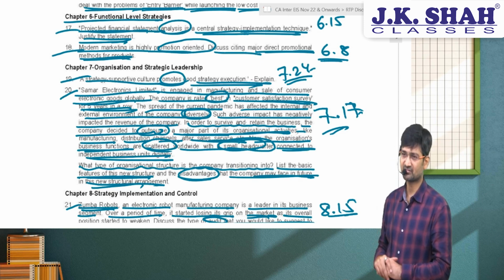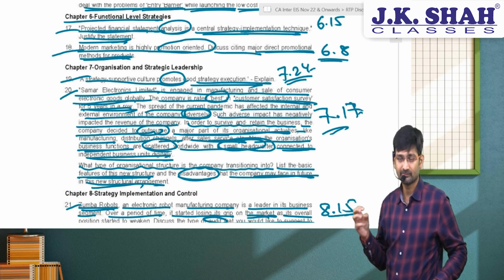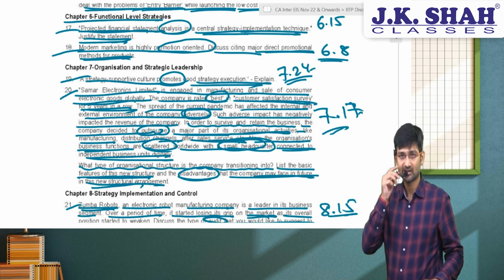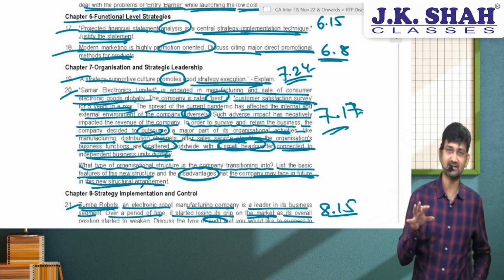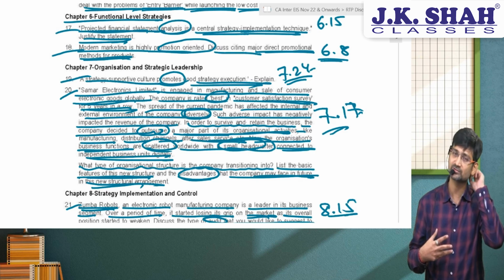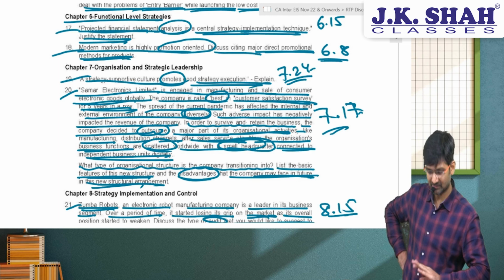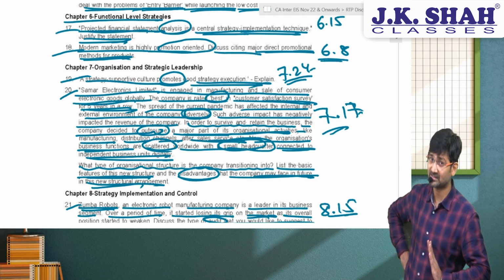Apart from that, you should read the book carefully, because a lot of times they pick up one sentence from the book and create questions, or give that as a sentence in the case study, and ask questions based on that. If you have not read those lines, then answering those questions will be relatively difficult for you. So I would strongly suggest reading the ICAI material carefully and going through the RTPs of the current and the last couple of terms. That will be enough for your preparation strategy for EIS and SM.